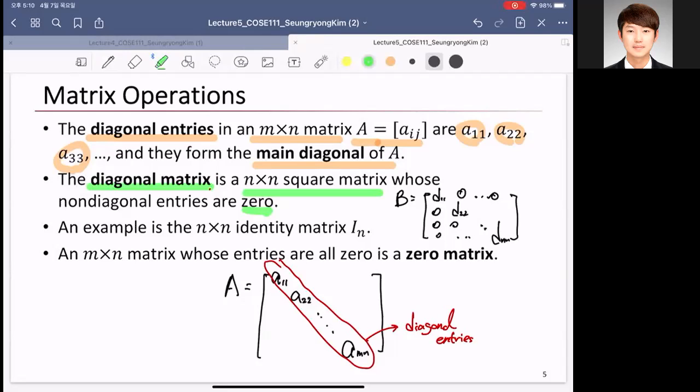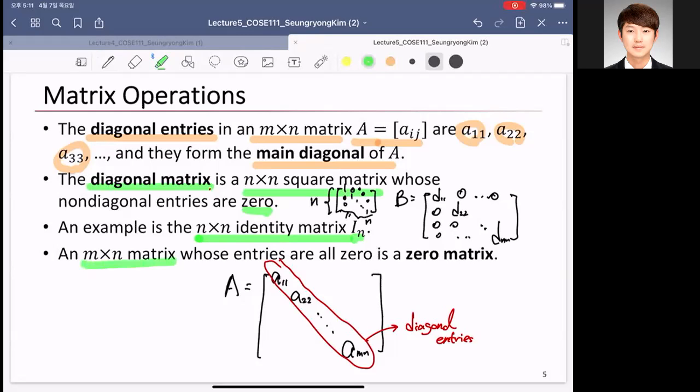One example is the n by n identity matrix, In. We already know In: 1, 1, 1 on the diagonal and 0 everywhere else, with n rows and n columns. So one example of a diagonal matrix is the n by n identity matrix.